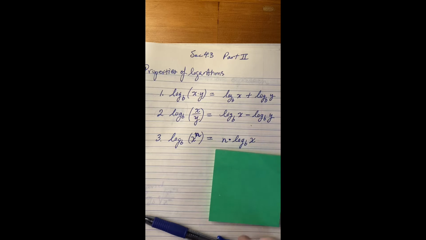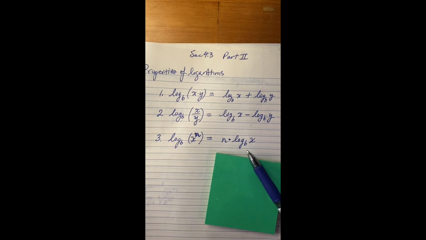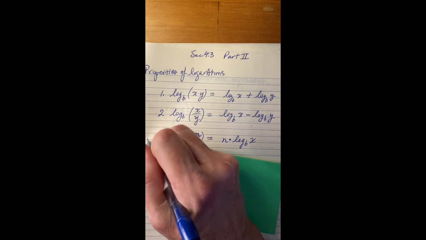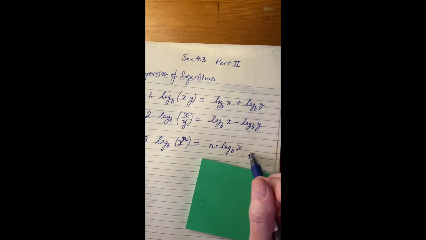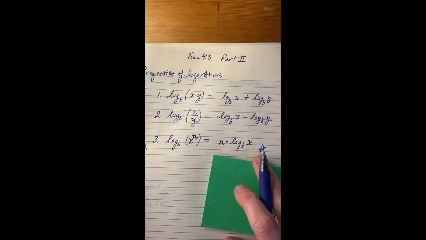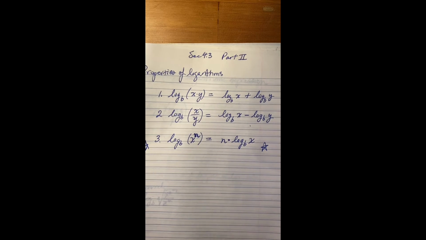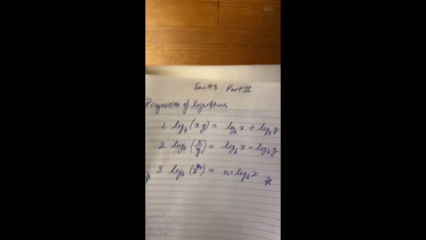It's just n times the log base b of x. So that n just kind of floats out front. That's why we call this the magic property of logarithms, because they undo exponential expressions. Makes sense, right? Since logarithms are inverse functions of exponentials.